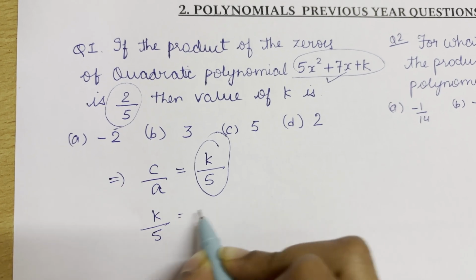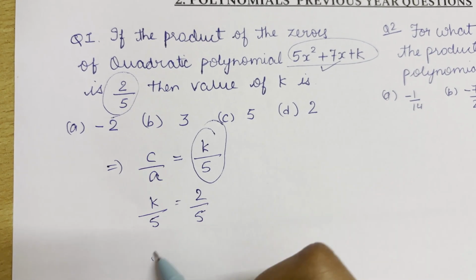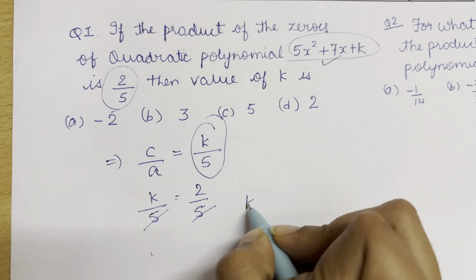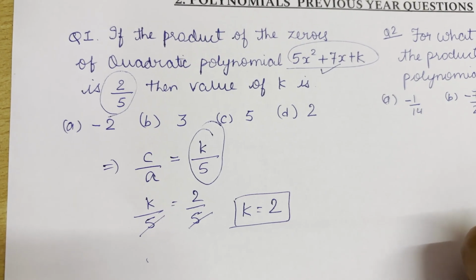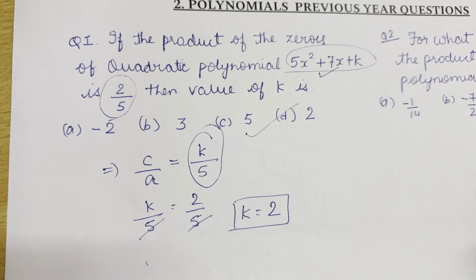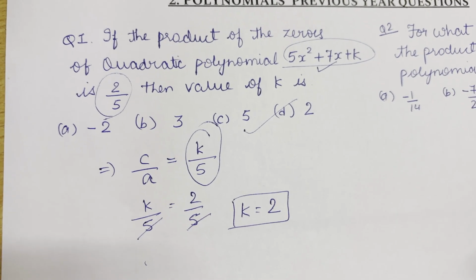So k by 5 is equal to 2 by 5. 5 gets cancelled by 5 and the value of k is equal to 2. If we match the option, we get option D, that is the correct answer for this question.